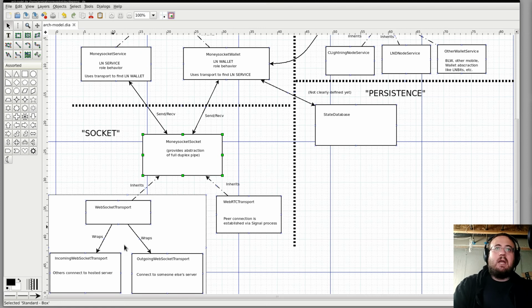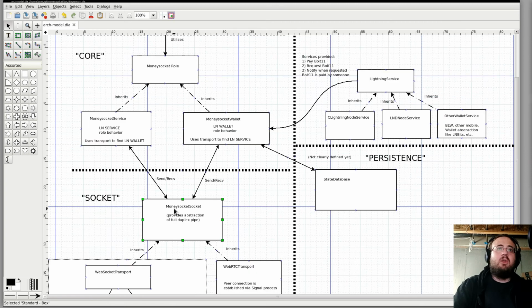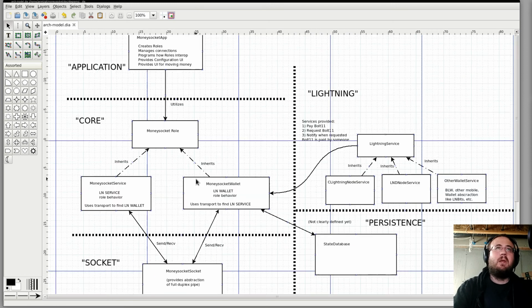So we want to have the code laid out such that we can plug in different pieces, and that gets all simplified into what I've called the Moneysocket socket class. There may be redundancy in that, but just a very basic pipe is what we need, and then the wallet and the service will send and receive through that pipe to talk to the peer.